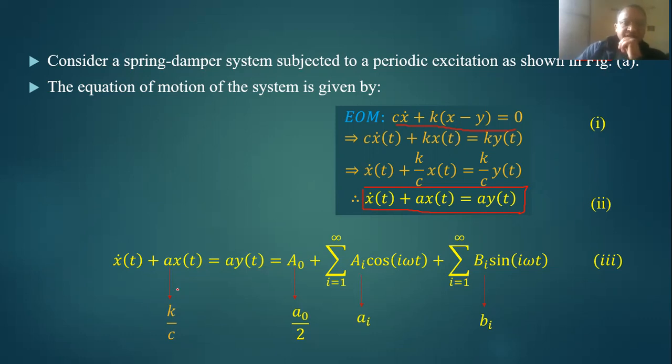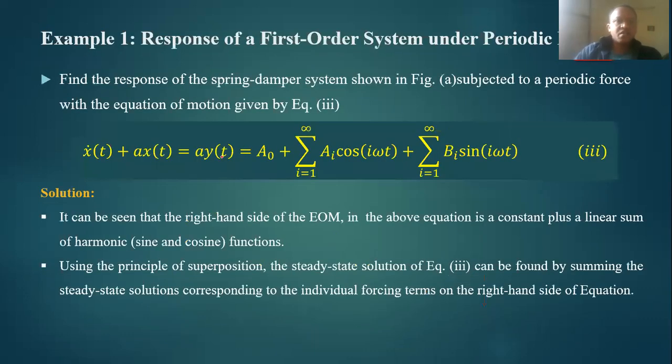So in this, a represents k over c, a naught represents a naught over 2, ai represents ai, and bi represents bi. So these are the definitions.